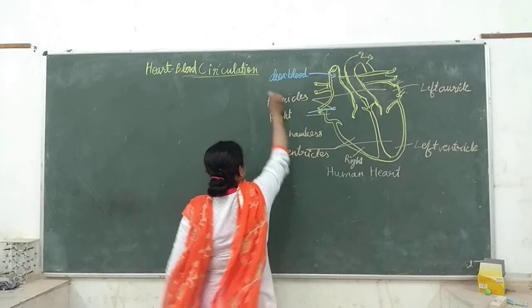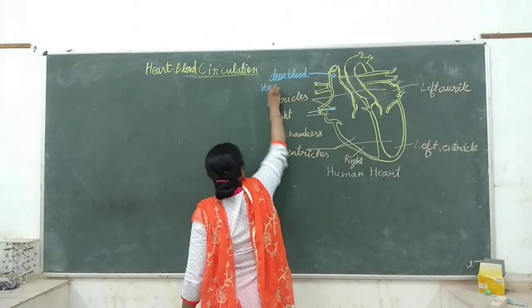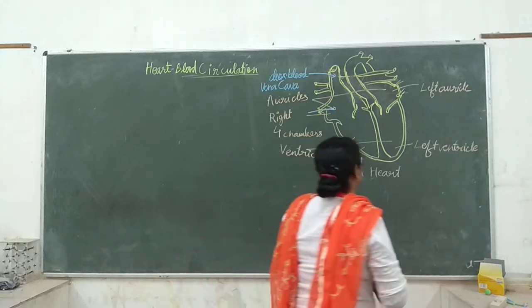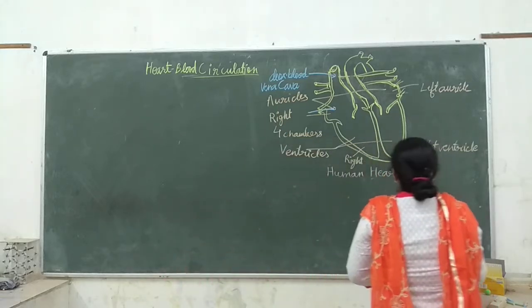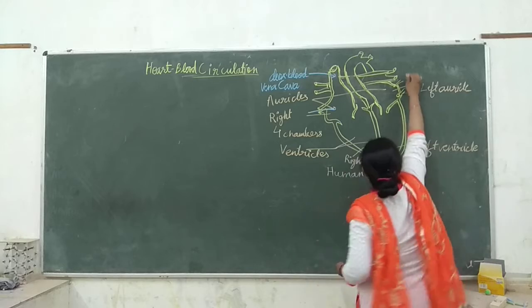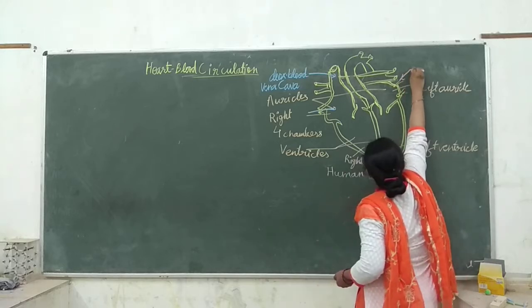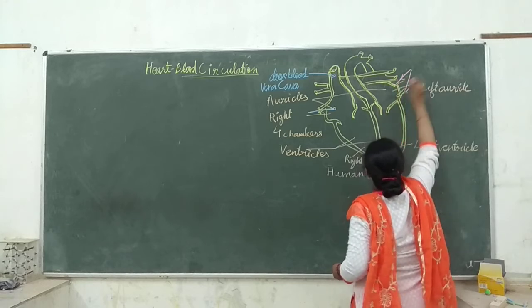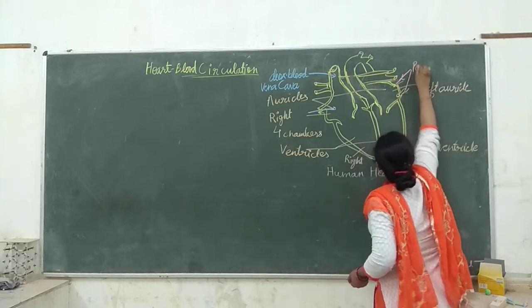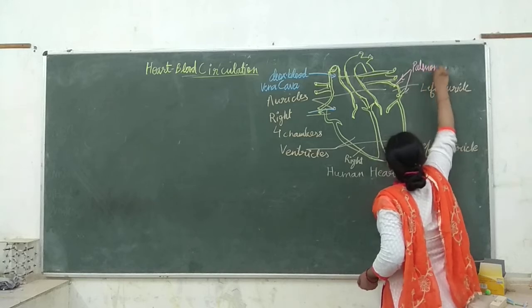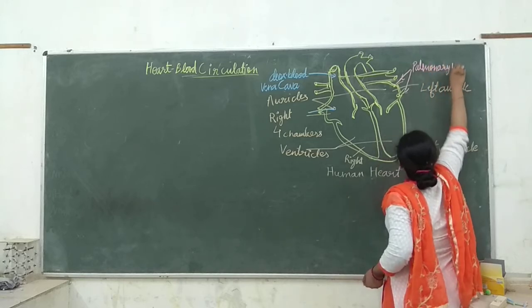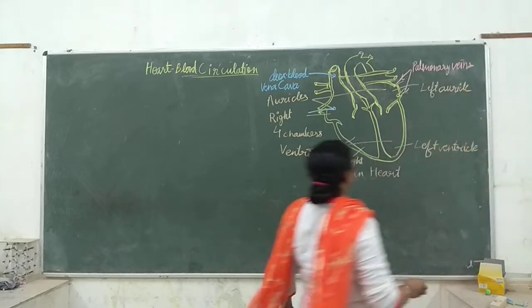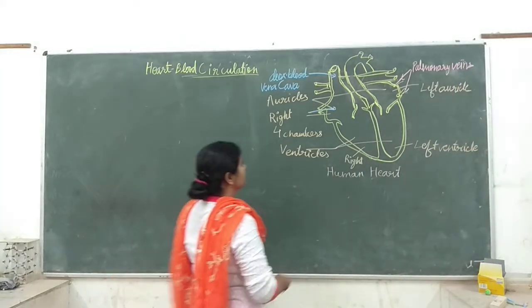This vessel is known as vena cava. And these 2 vessels which are bringing oxygenated blood from the lungs are the pulmonary veins.